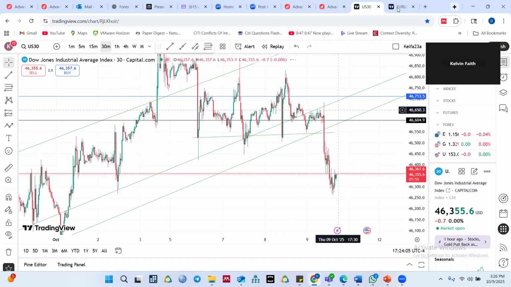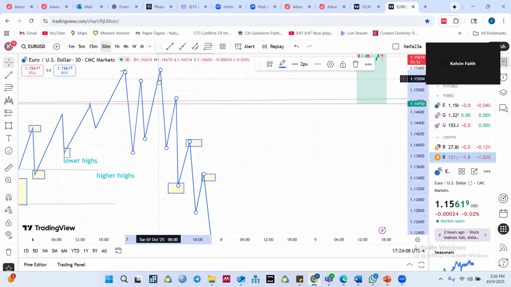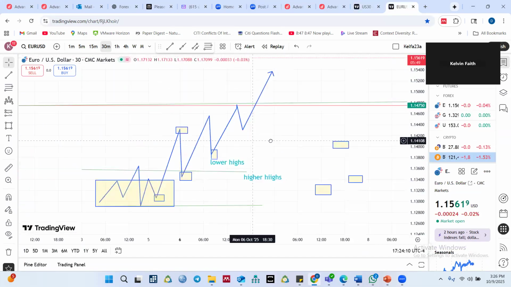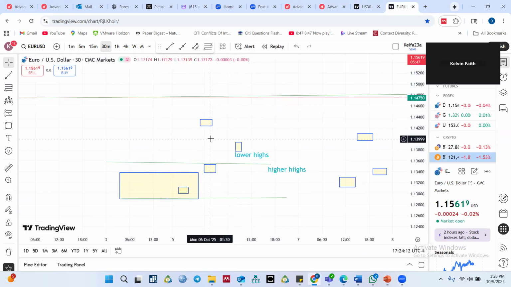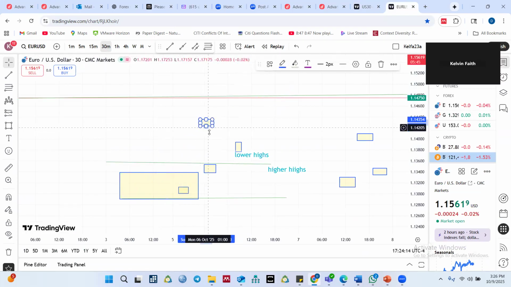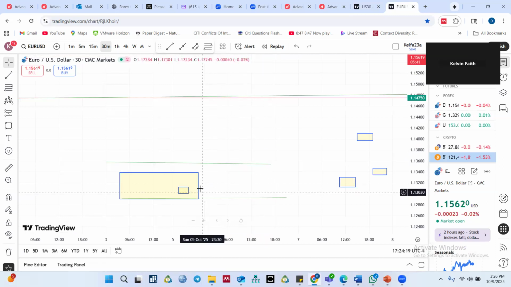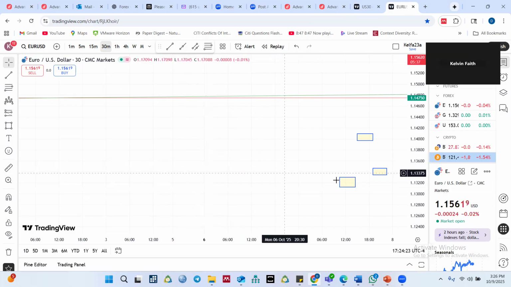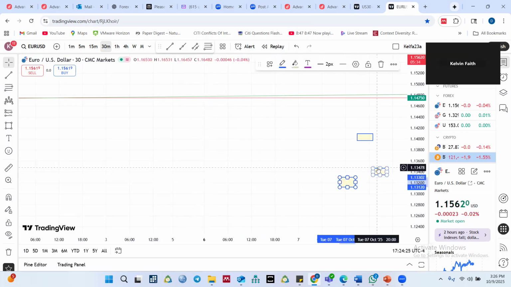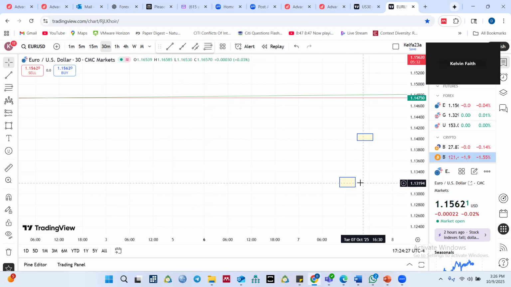We know what support is. Support is where buyers will step into the market, and resistance is where sellers will step into the market. So what is then precision or magic about that?